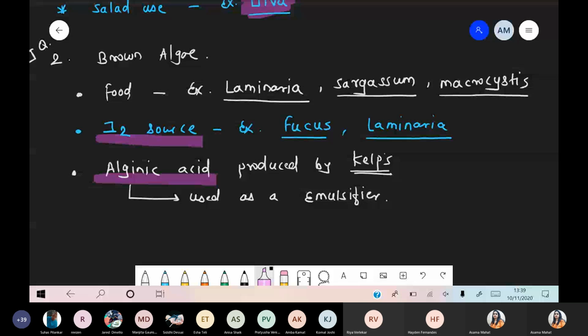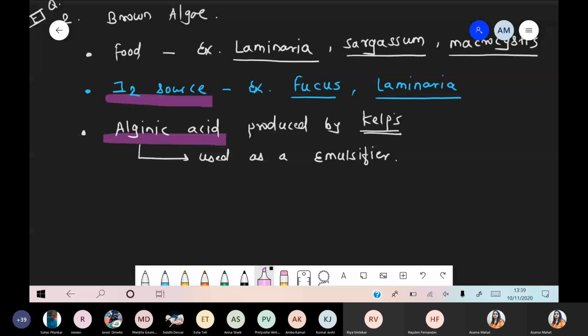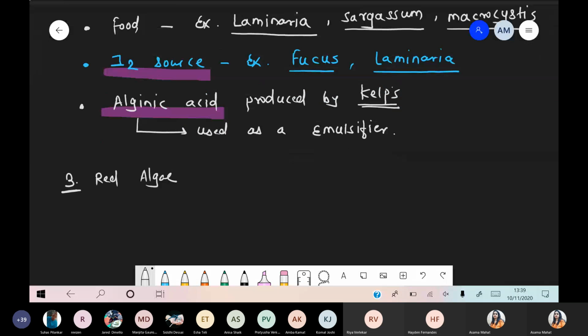Okay. Last example, we are talking about red algae. Again, red algae is a NEET favorite part. So first of all, we are talking about examples used as a food source. Number one, Porphyra.